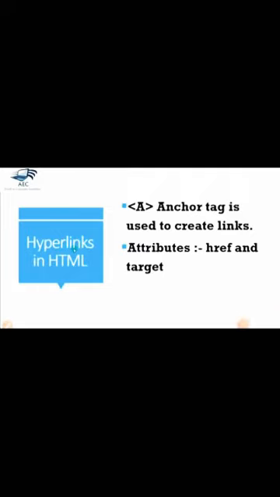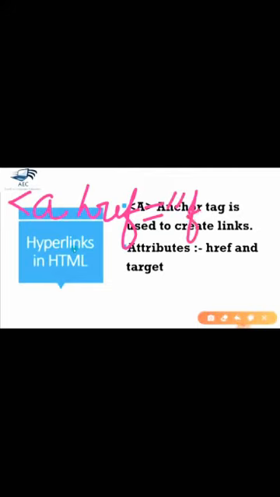The target attribute defines in which location the linked document will be opened. If you set the target attribute of a link to blank, the link will open in a new window. For example, if you write href, the hyper reference, equal sign, you write the file name like first page, and the extension of the file like .html.